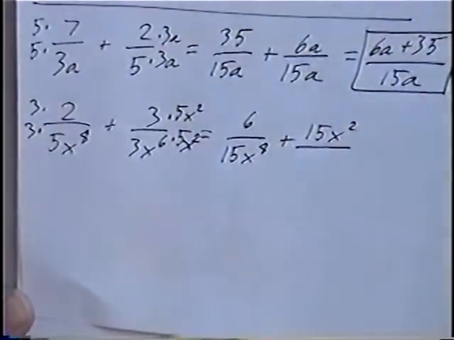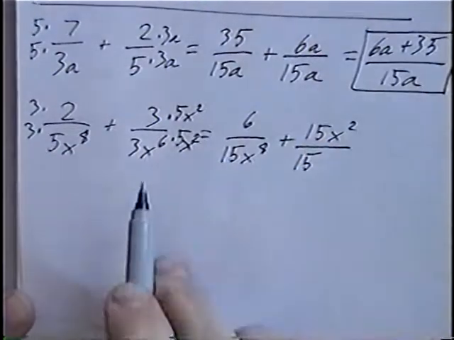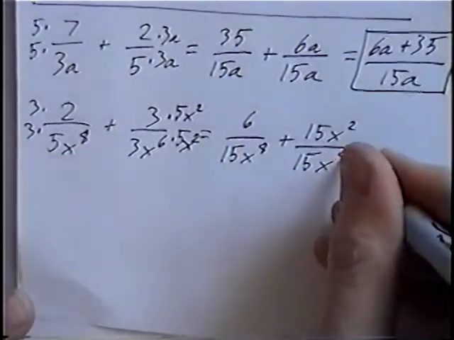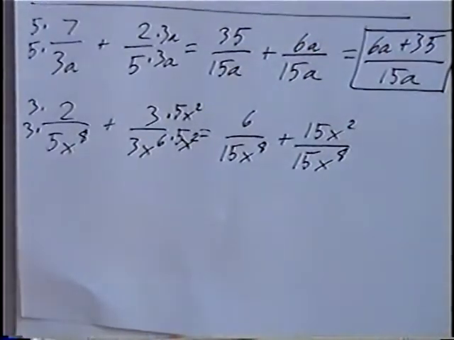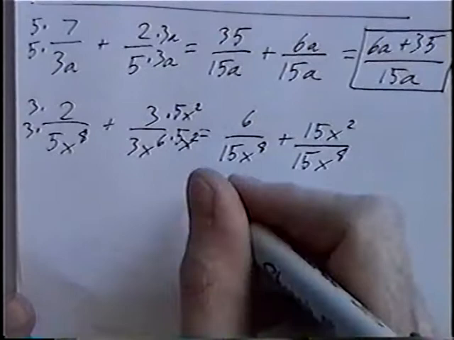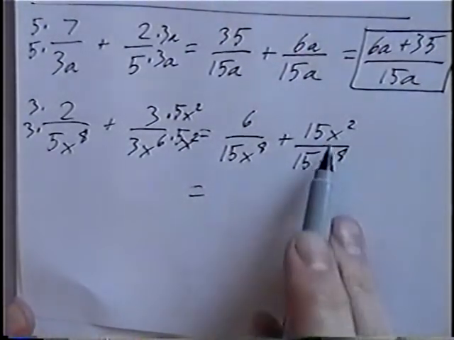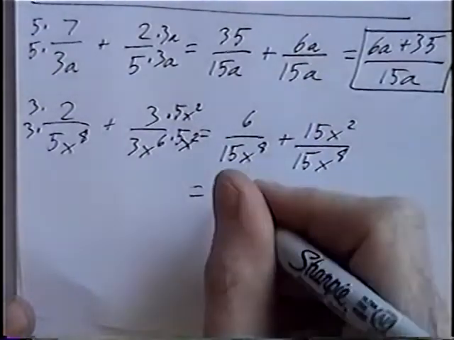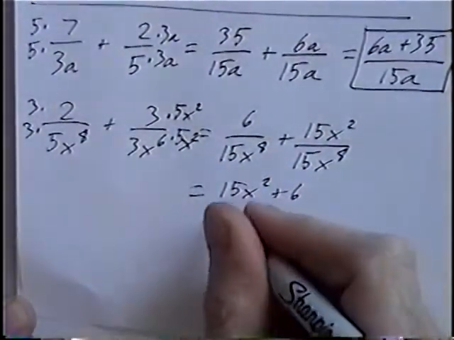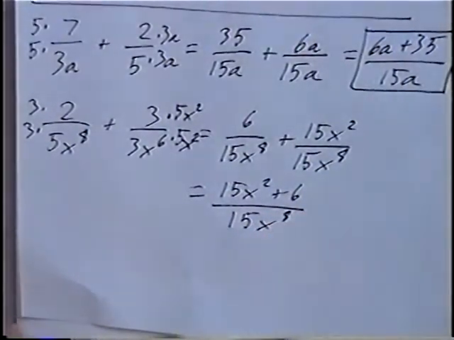X squared would go after it. And 3 times 5 would be 15. X to the 6th times x squared would be x to the 8th. And again, when you have the same denominator twice, you can add those together. Normally, again, the x's go first, so we'll have 15x squared plus 6 divided by 15x to the 8th.